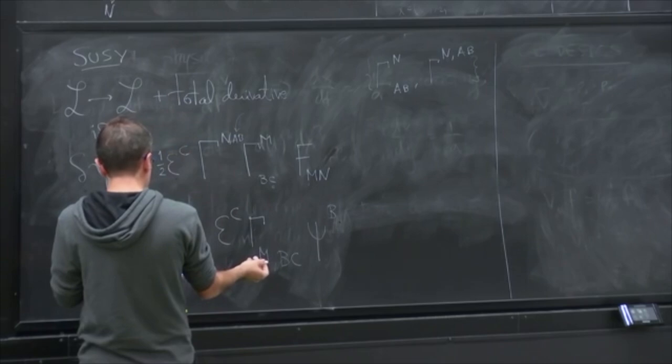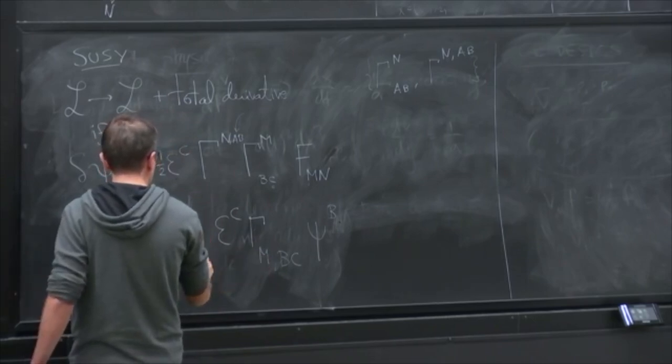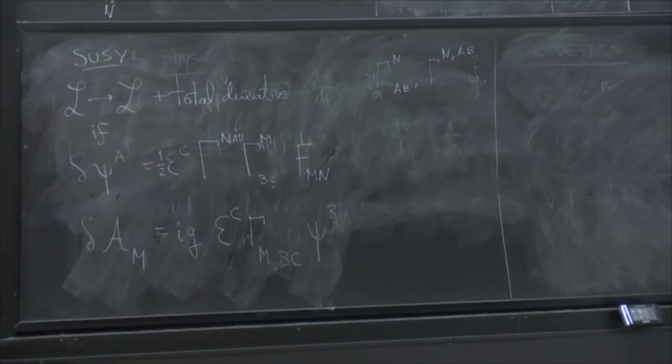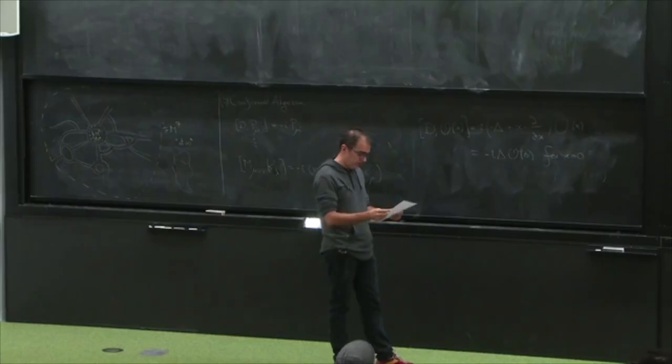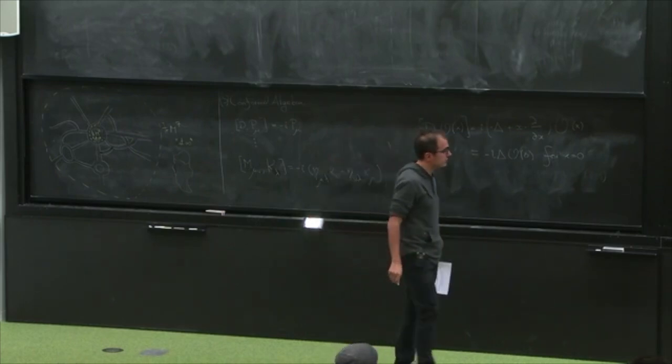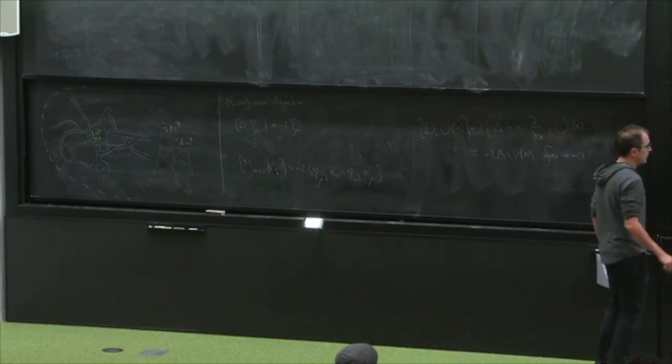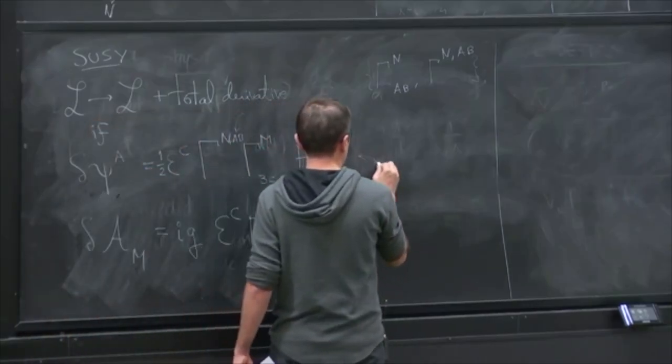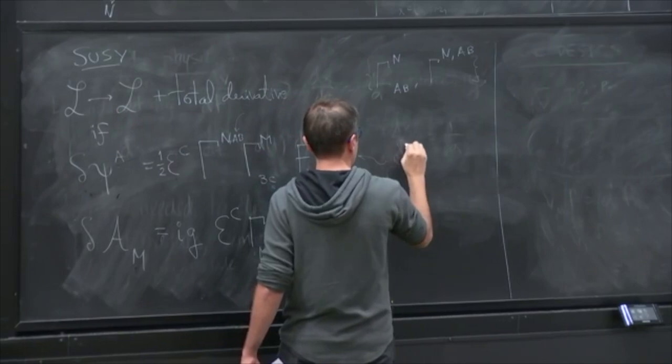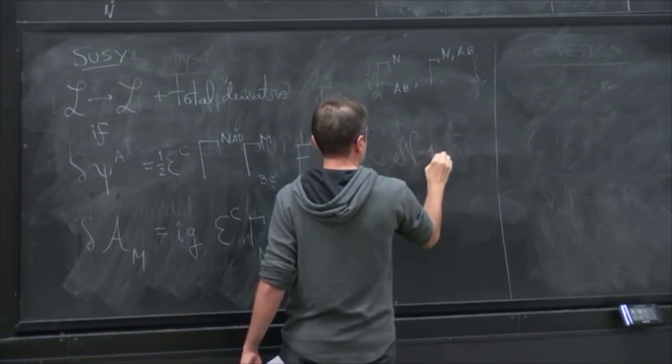All you need to do now is fix some normalization. The correct normalization turns out to be i g. So the claim is that if you do this transformation, then the action is just a total derivative. This is the only transformation you could write which has the proper indices. And indeed, this action has this supersymmetry. So this is what's called, in this case, N equals 1 supersymmetry.